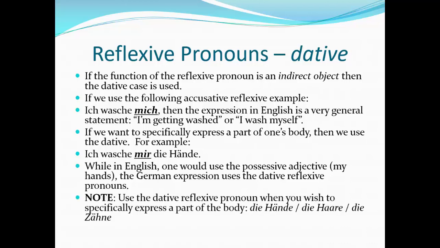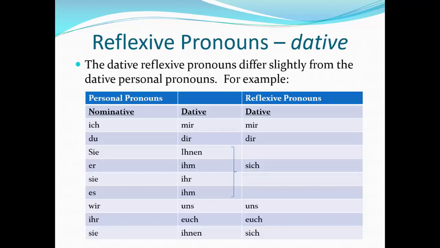So as I mentioned, die Hände, die Haare, die Zähne. Once we identify that those are the body parts that are being washed, then we use the dative pronoun for the reflexive. Okay, so looking at this list here, you can see starting on the left we have the nominative personal pronouns, and then in the middle column the dative personal pronouns.